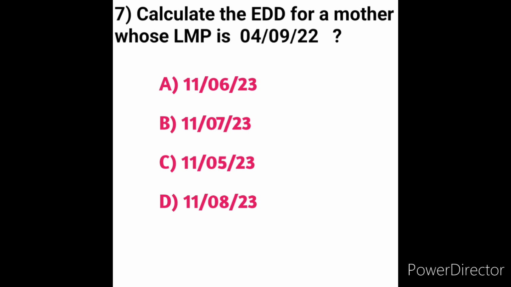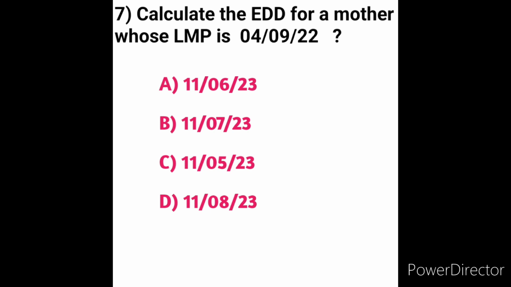So here the LMP was 4/9/2022. Here we have to calculate: for the date 4th we have to add 7 days. Next, for the month, we have to add 280 days, meaning 3 calendar months. So here the year will change automatically.